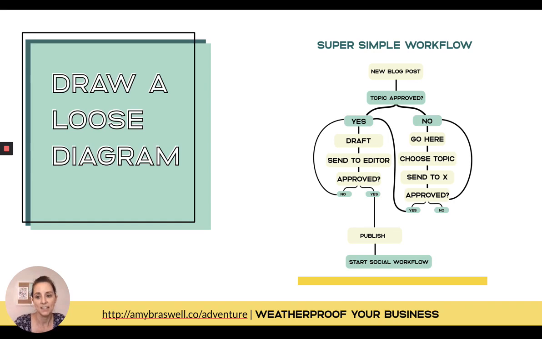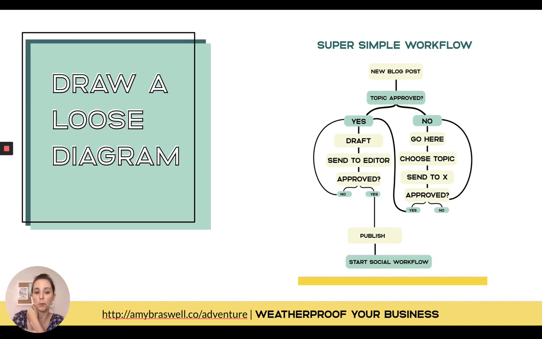When I say draw a loose diagram, here is a super simple workflow, just to give you an idea of what I mean. You want to start with the topic at the top, and then you can draw a really quick mind map almost of how it's going to flow, right?